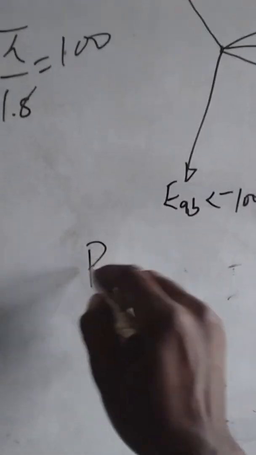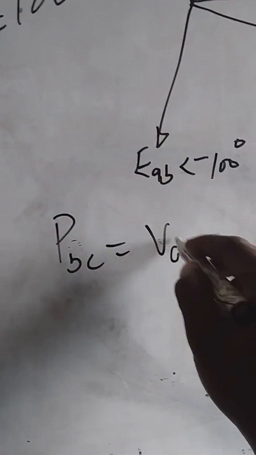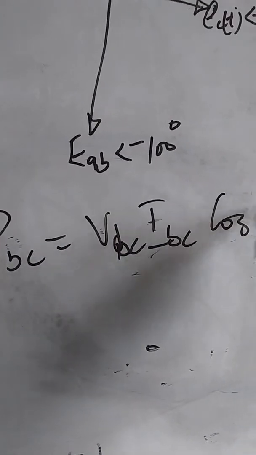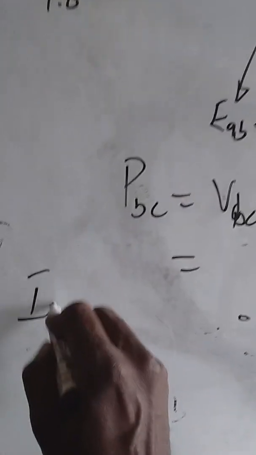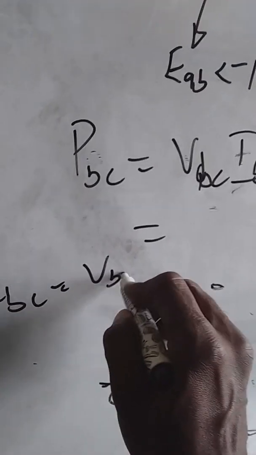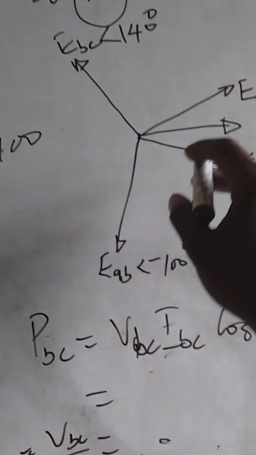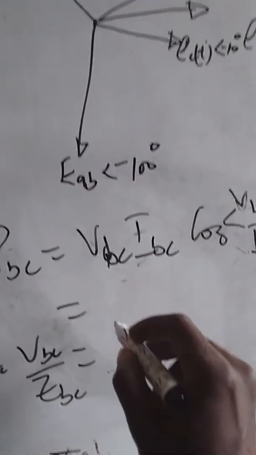That means our PBC also should be what? VBC IBC cos(θVBC − θIBC). So what is our IBC? Our IBC will be VBC divided by ZBC. What is our VBC? Our VBC is at angle minus 40.